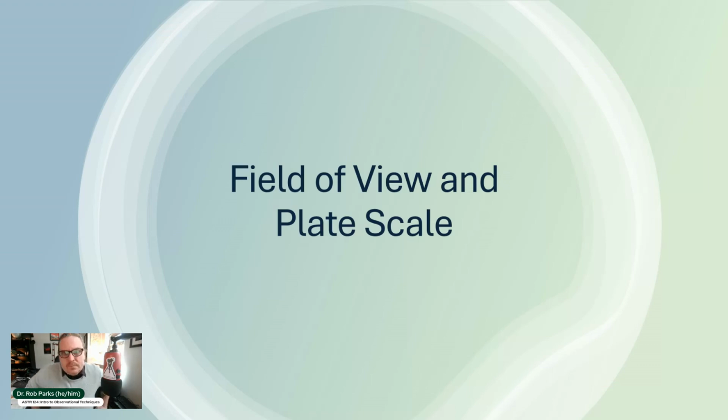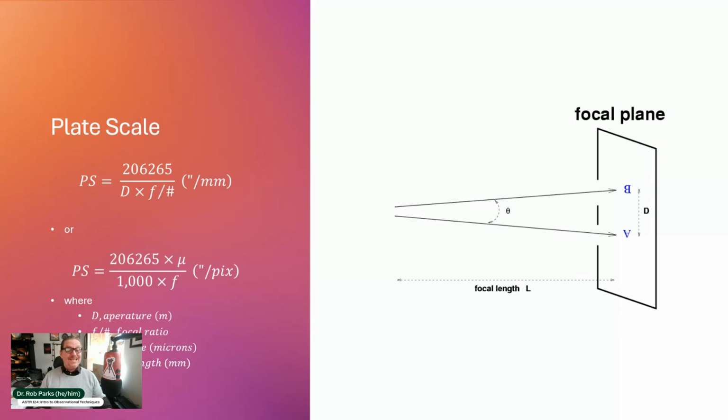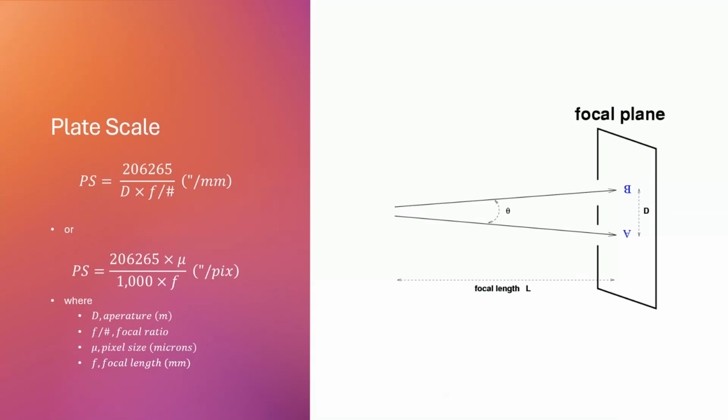So, what can a CCD see? Oh, I will need to get rid of my face, unfortunately. Sorry, guys. You're going to have to just look at a slide for now. So, when we talk about a field of view, it is effectively the angular size on the sky that you can see using a telescope and detecting instrument.